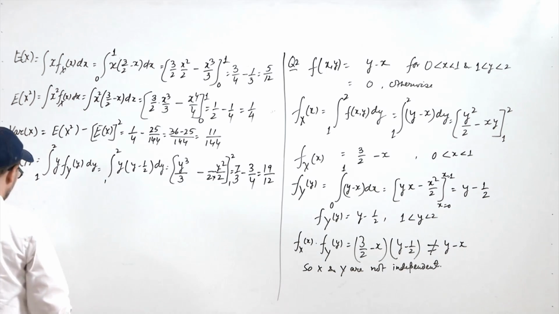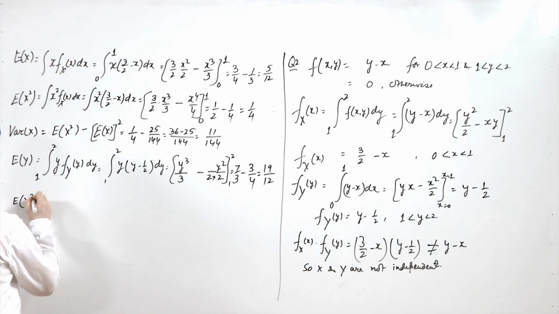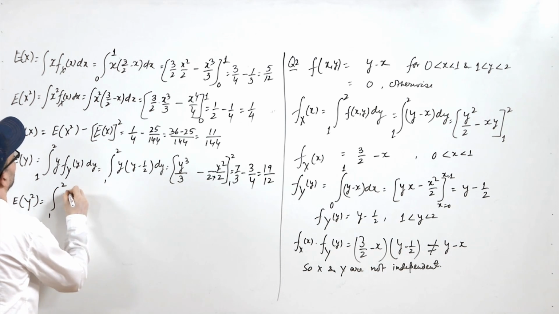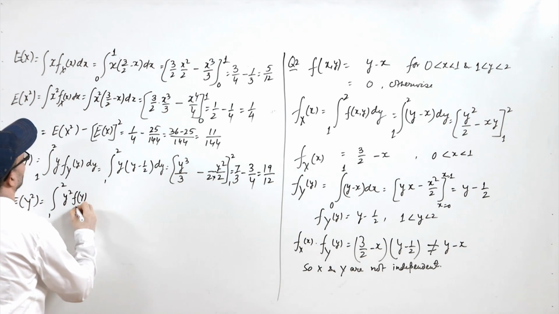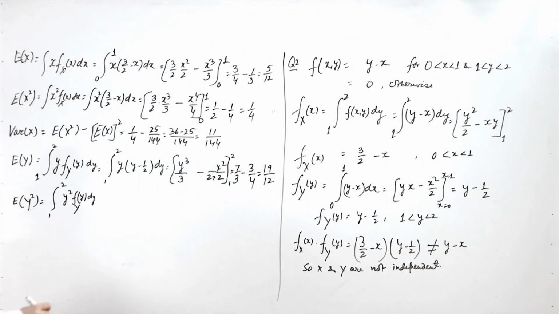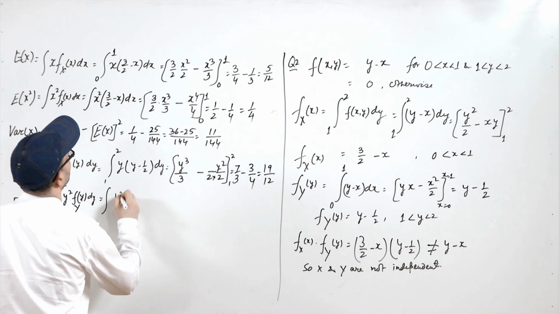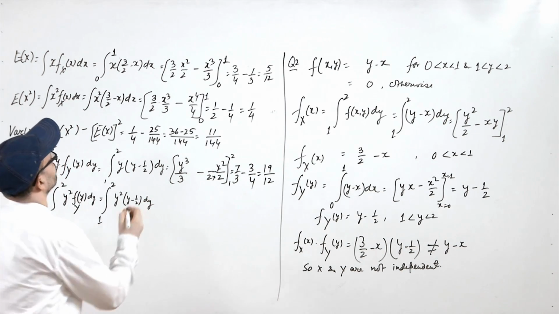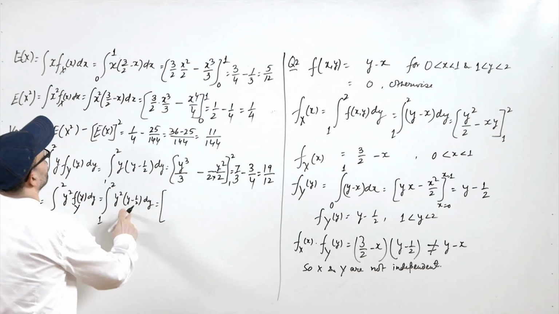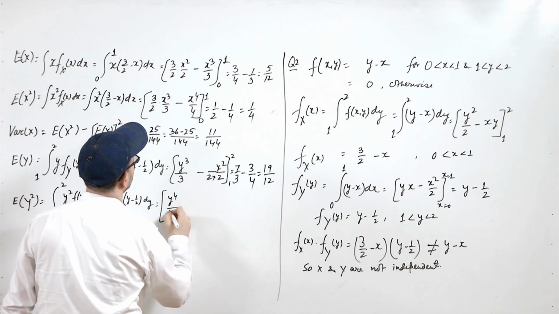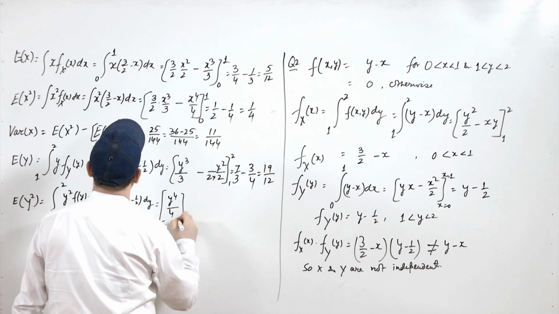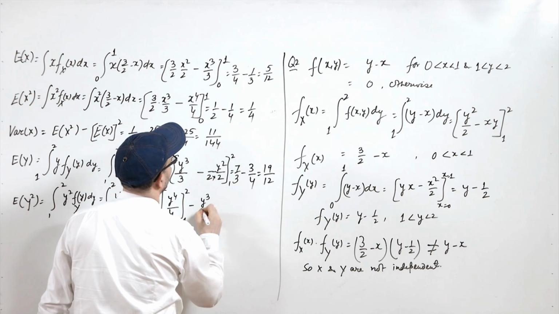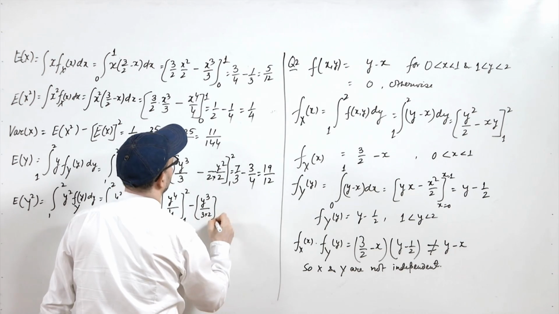Now, next is E[Y²]. E[Y²] will be again the integral from 1 to 2 of y² f_Y(y) dy. So, it will be y²(y − 1/2) dy from 1 to 2. So, this will be equal to y³ dy, so y⁴/4, from 1 to 2, minus y²/2 dy, so y³/3 times 1/2, again from 1 to 2.